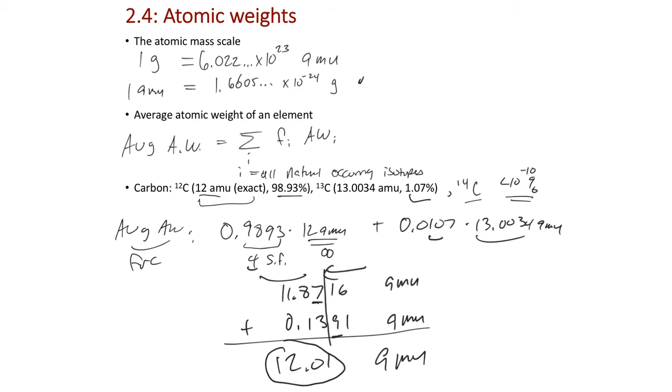Okay, so that's the idea of average atomic weight. If you look for carbon, we see that it's 12.011 here. If we had slightly more precise abundances, we could come up with a more precise average atomic weight. So this is just in the limit of the data that we have in this problem here. If you look up carbon in a CRC, you can probably get 6 or 7 placeholders on this average atomic weight.